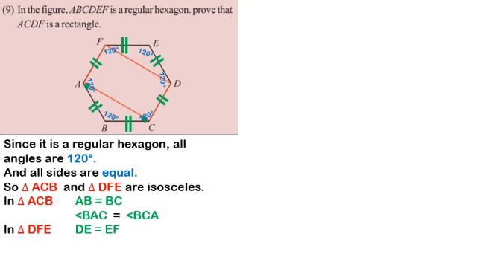In triangle DFE, DE equal to EF, and angle opposite to DE and EF are equal, that is angle EDF equal to angle EFD.